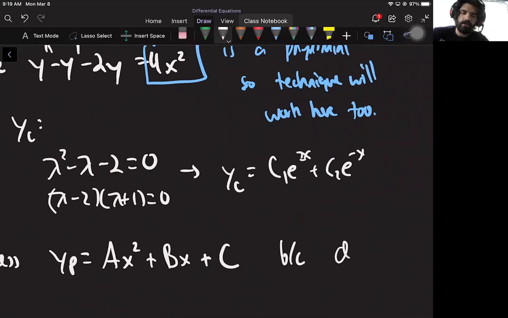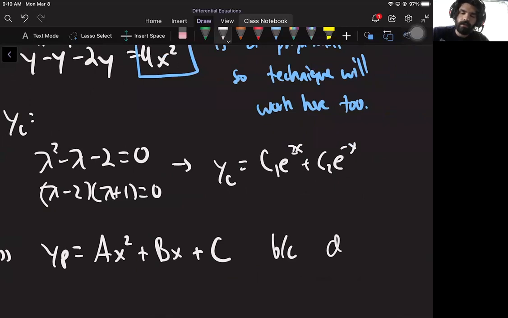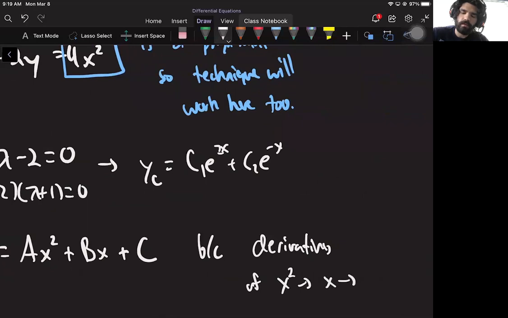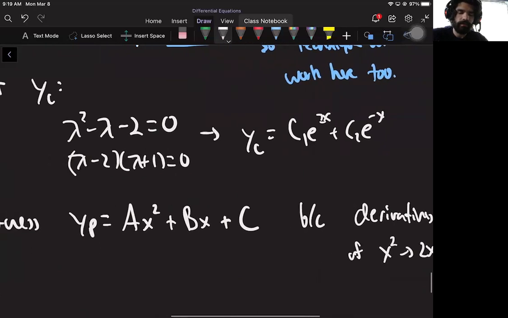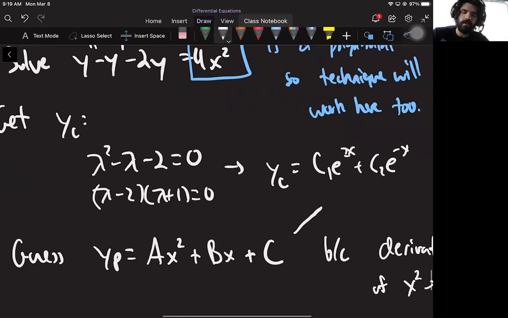You can think of it as the general form of a quadratic, but it's because the derivatives of x squared give you lower powers of x. Okay, so this is going to be our guess. And again, we have to see, does this have anything in common with our complementary solution? No. So we can proceed. We don't have to fix our guess like we did last time. We can just plug it in.